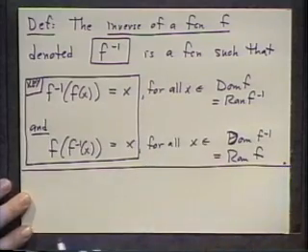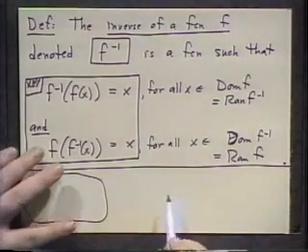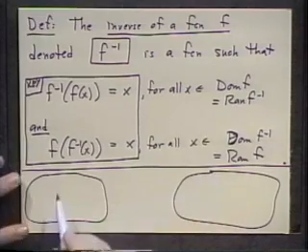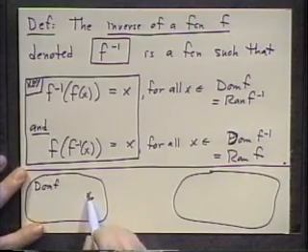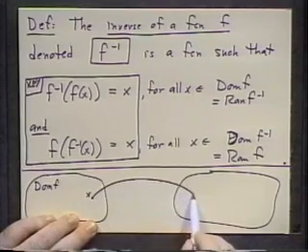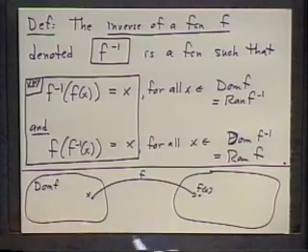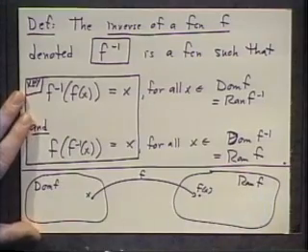So with that definition in mind, let me draw a little bit more elaborate picture down here. Imagine that we have two sets. This will be the domain of f, and here's a point x, and x will be acted upon by f and result over here in a little point f of x. That's what functions do. This will then be the range of f.